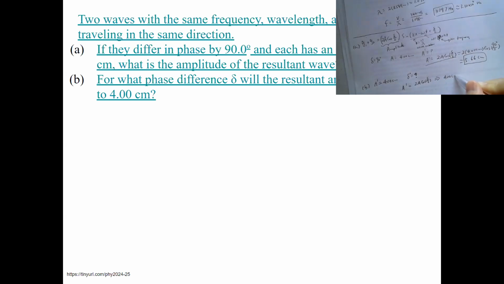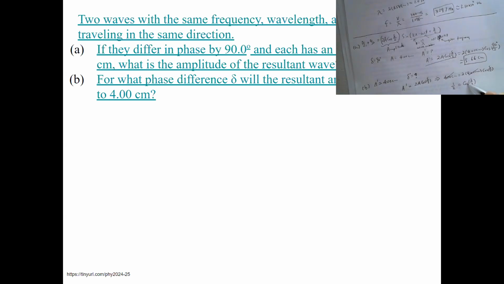A prime is 4 centimeters equal to 2 times 4.0 centimeters times cosine of delta over 2, and you're looking for delta. You can see 4 and 4 will cancel out. So 2 times this guy equals 1, which means cosine of delta over 2 equals 1/2.